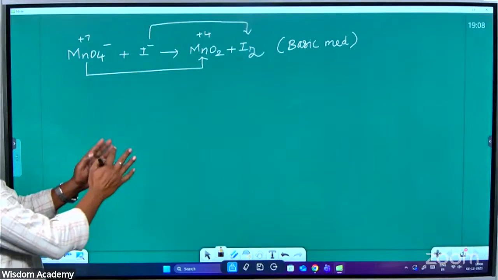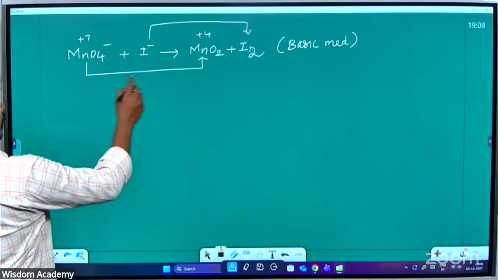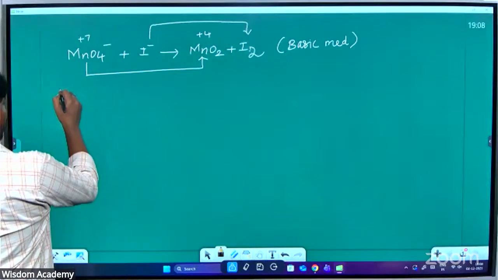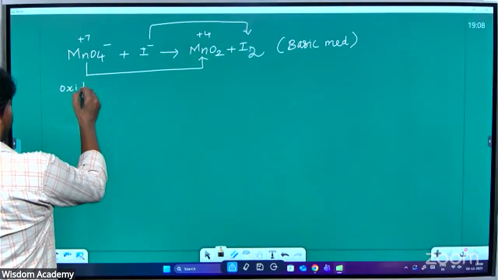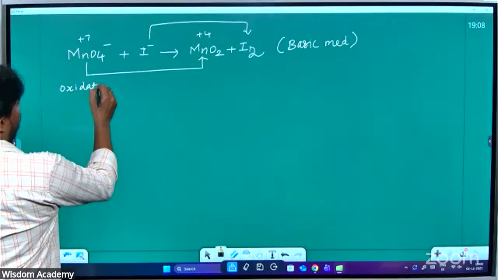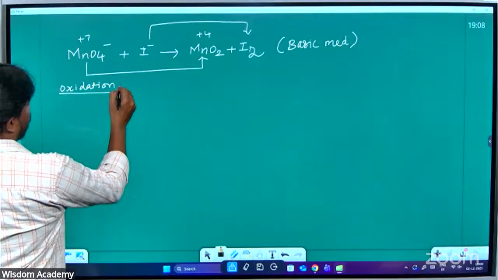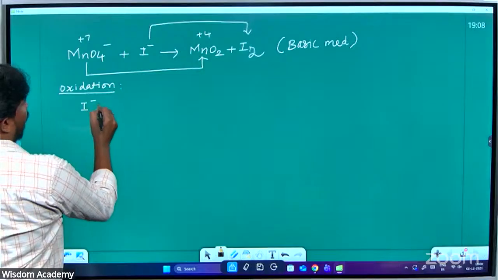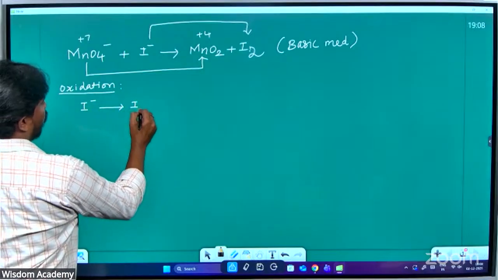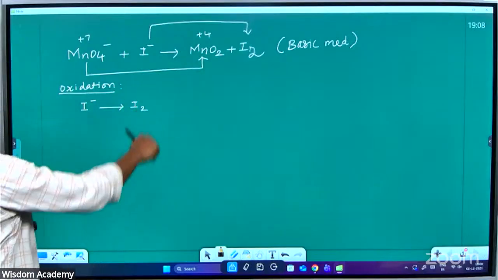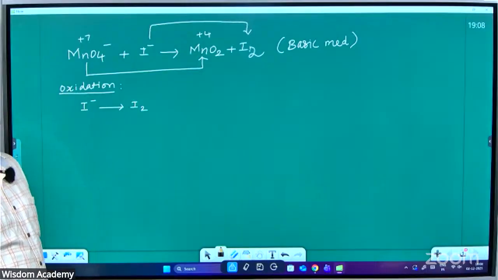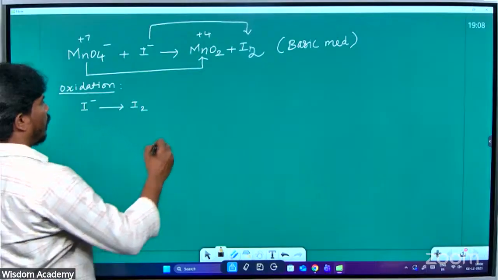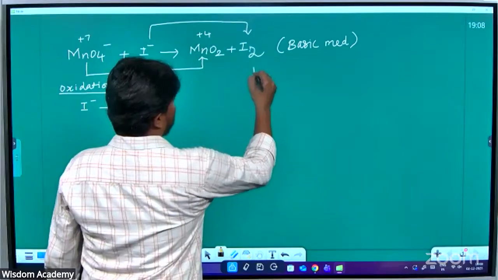First, split up into two half reactions. First one, the oxidation half reaction: I minus changed into I2. Here -1, in iodine it is 0. Another one, the reduction half reaction.